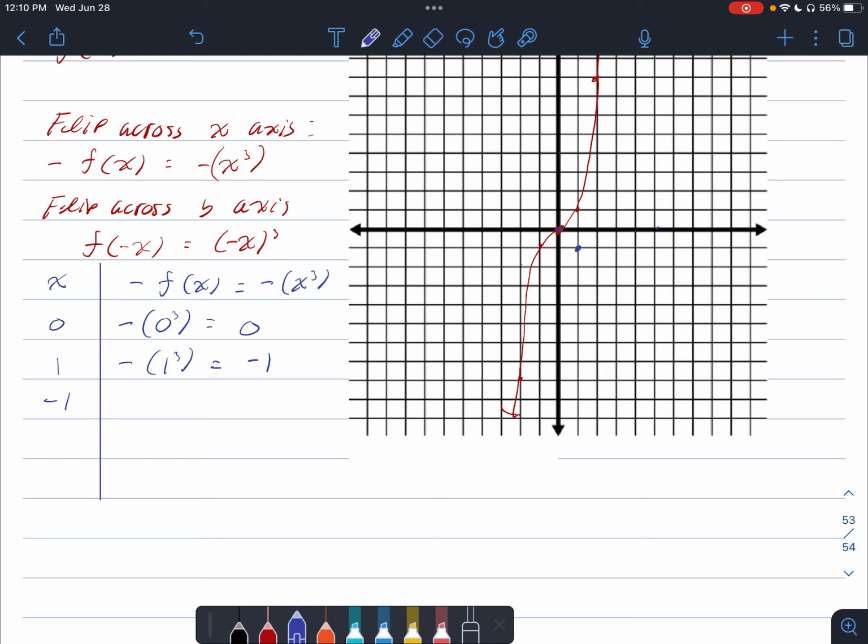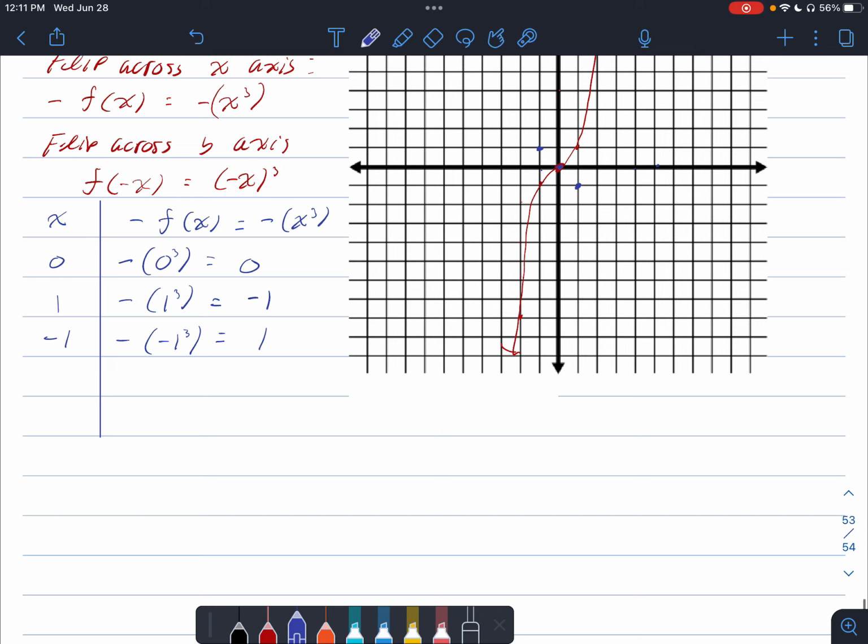If we do negative 1, we'll get negative negative 1 cubed. And we know that negative 1 cubed is negative 1, but negative negative 1 is positive 1. Lots of double negatives here, but so we'll get a positive 1 here, okay? So this negative 1 is going to go to positive 1 now.